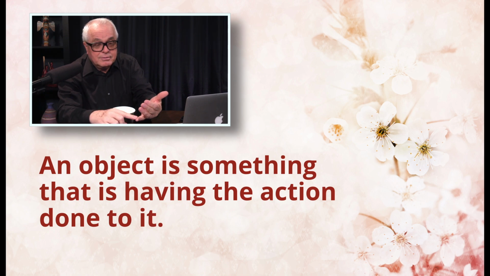Find the verb, find out what action word that verb is talking about, then look for an object, something or someone that action word is happening to, and then you'll have the object. The subject is usually the one doing the action. The object is the one that is having the action done to it.